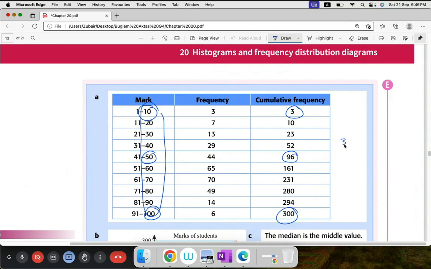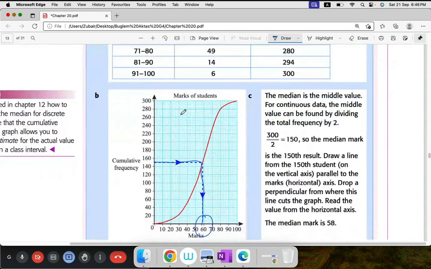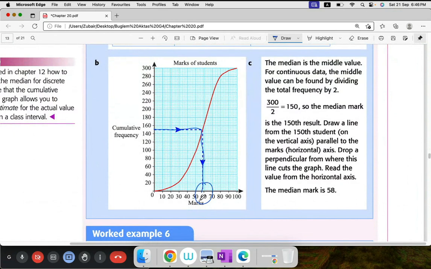In this case, 300 divided by 2 is 150, and 150 definitely lies in this, which is 51 to 60. So that is a non-exact answer, 51 to 60. But from the curve, you get the exact value. And we always give the answer from the curve.